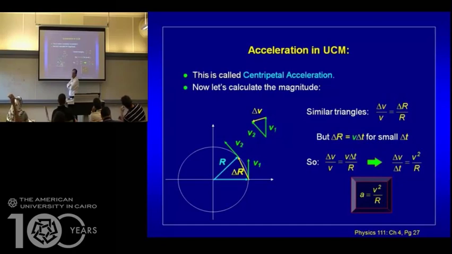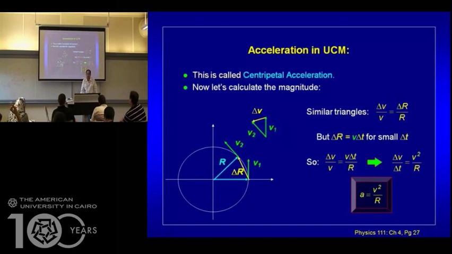I'm trying to prove to you that they are similar by saying that those sides are equal, and those are equal, and the angles are equal. That means that these two triangles are similar.